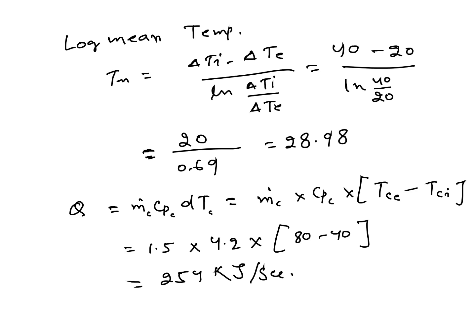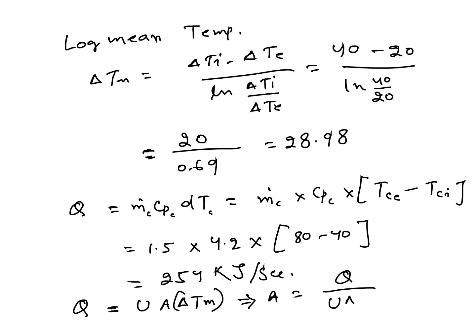U value is also given, the overall heat transfer coefficient. So heat transfer Q is U A delta Tm. Here you can write delta Tm or simply Tm also, the log mean temperature value. So from here you will get the A value. A is Q by U into delta Tm.